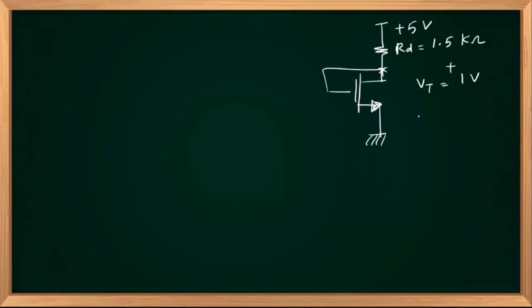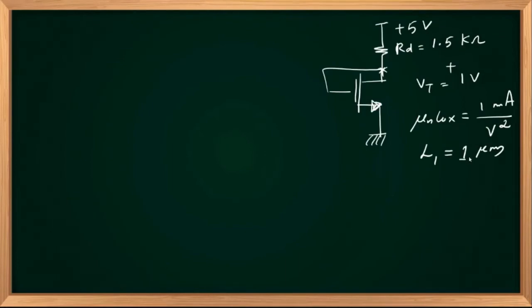Mu n C ox, constant, is given as 1 milliampere per volt square. And the length L1 of the device is given as 1 micrometer.